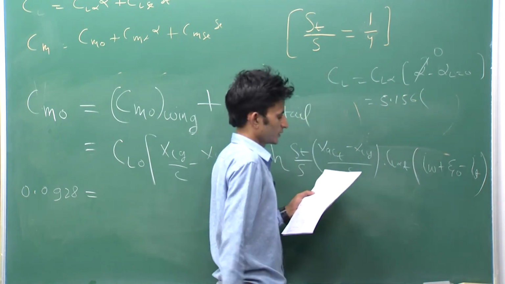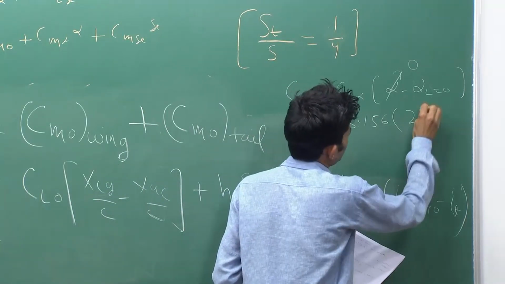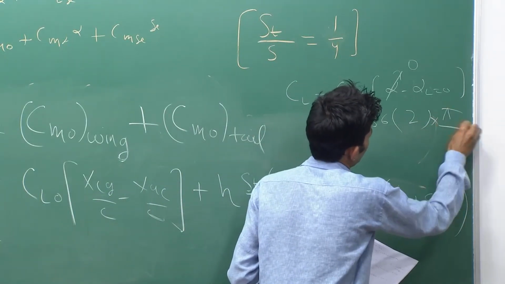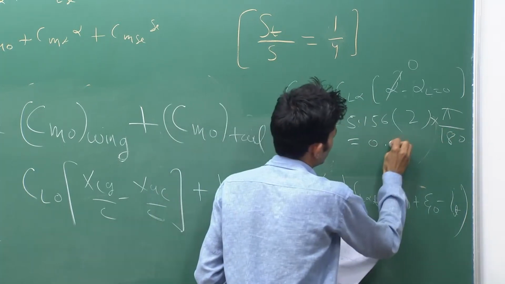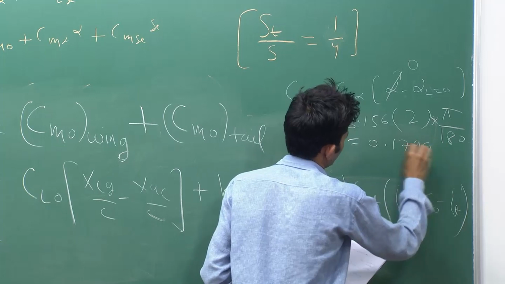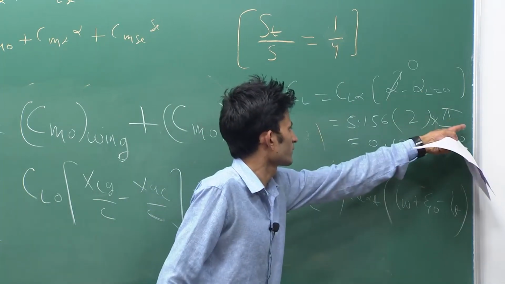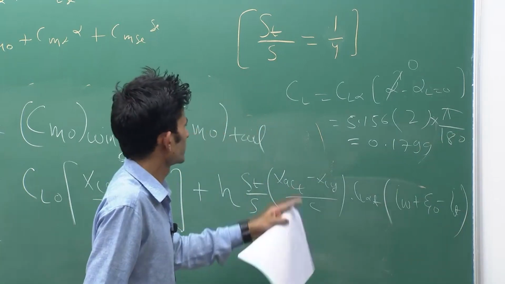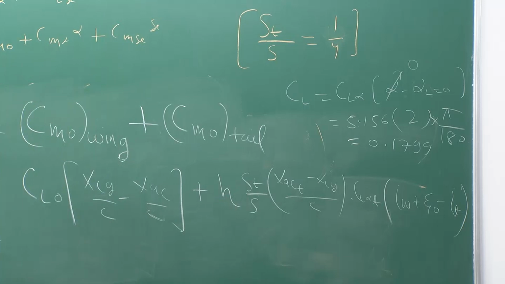And what is alpha lift equal to 0? It is minus 2 degree. So minus minus will become plus 2 degree. You convert this into degree, you will get approximately 0.1799. So this is in per radian, right? This is in degree, that's why we have converted this into per radian. So per radian and radian will cancel. So your answer will be 0.1799, CL naught.